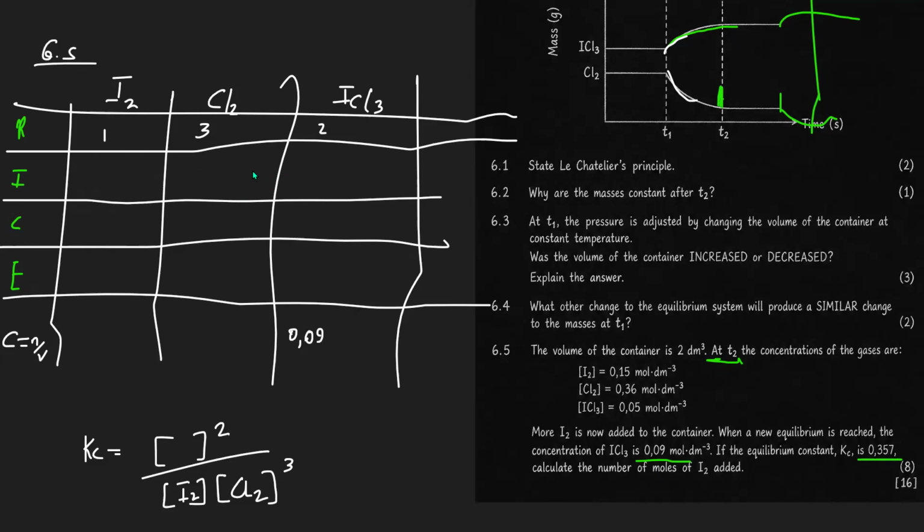So initially, this is what happened. We had an amount of 0.05, 0.05. So already there's some amount here at this equilibrium. This is continuous 0.05. And then we had the equilibrium number of moles here. We can calculate this by multiplying by the volume, which gives me 0.18.